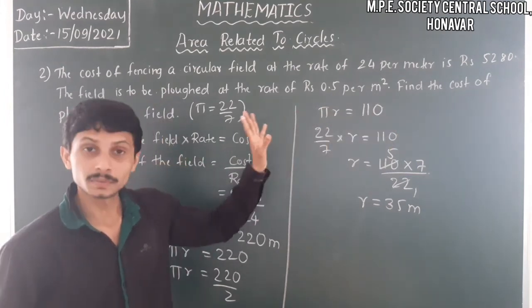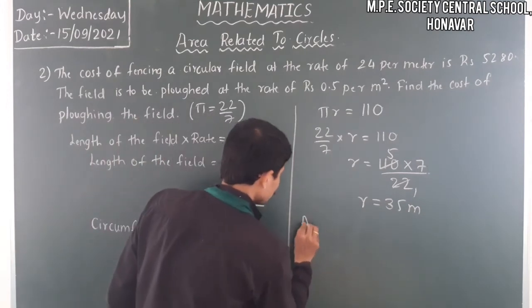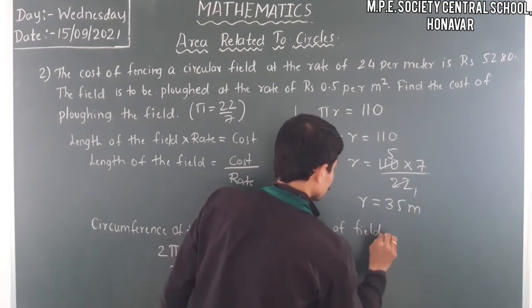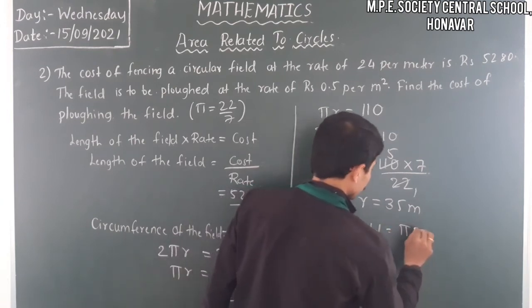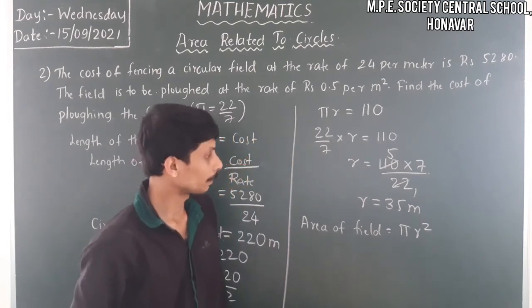So for that we want the area. So find out the area. Then the area of the circle, area of the field, is equal to pi r square.